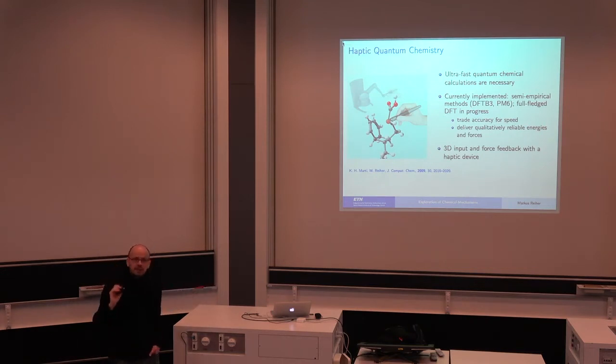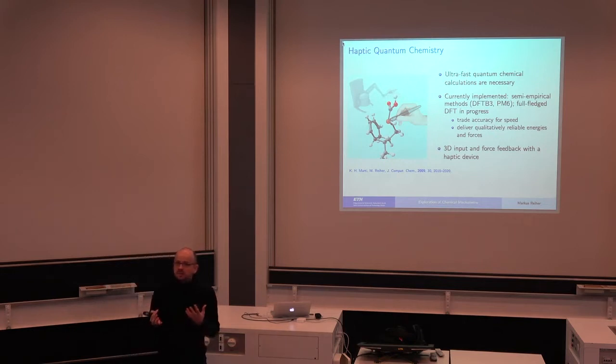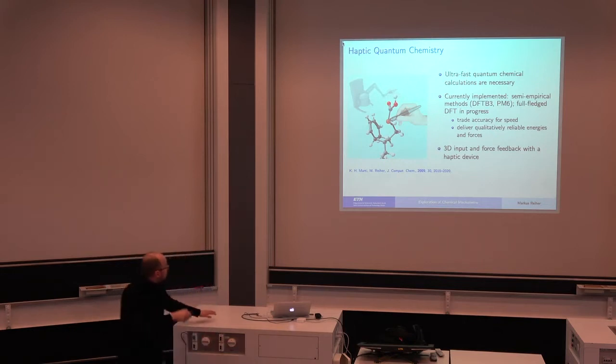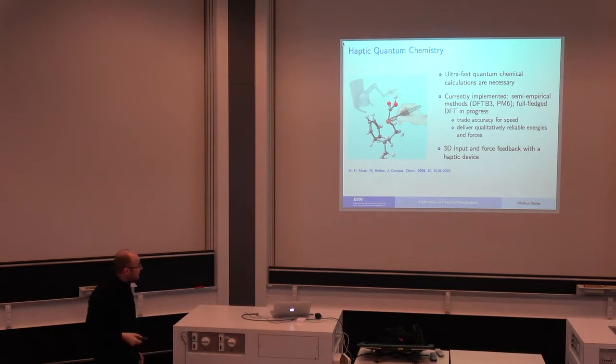Now the quantum chemical calculations are ultra fast, so the results are there instantaneously. And you manipulate the structure, and the whole rest of the structure can, first of all, relax, and also the quantum mechanical forces that you evaluate for the atom that you grabbed are transmitted back to the machine. So you feel the force on your atom, calculated in real time. And that actually allows you to explore a potential energy surface.